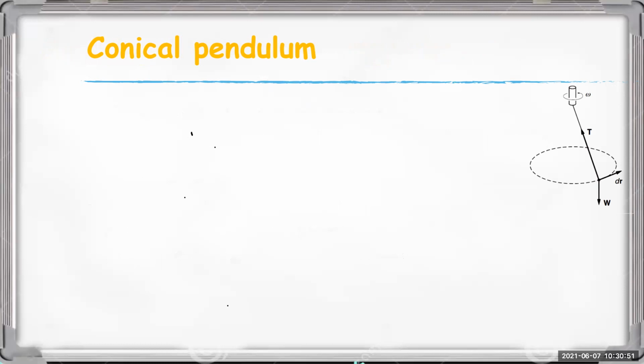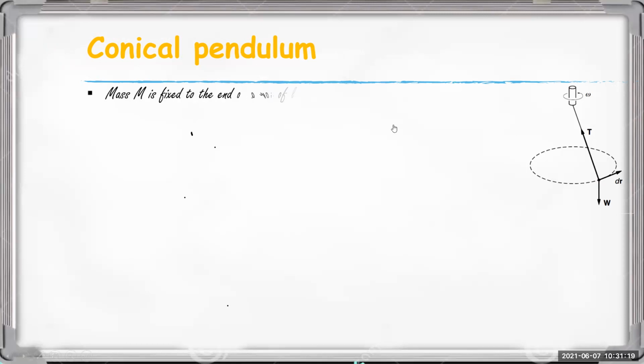Here we discuss one of the cases, that is the case of constraint force. Here we discuss the example of the conical pendulum. The figure of the conical pendulum is shown.